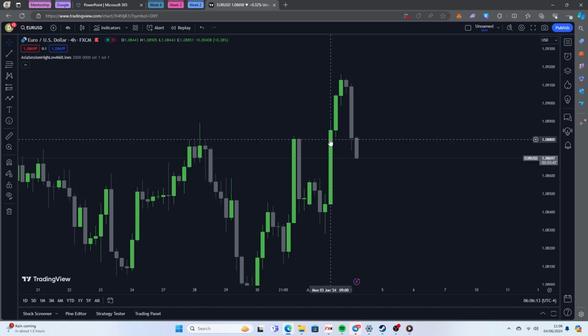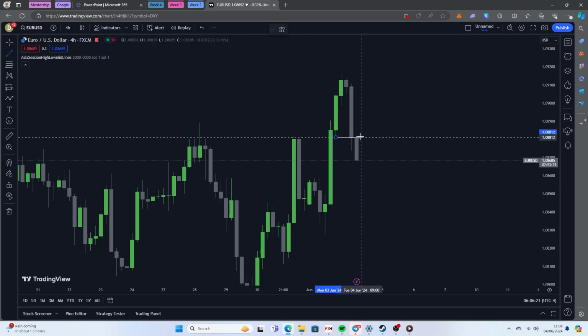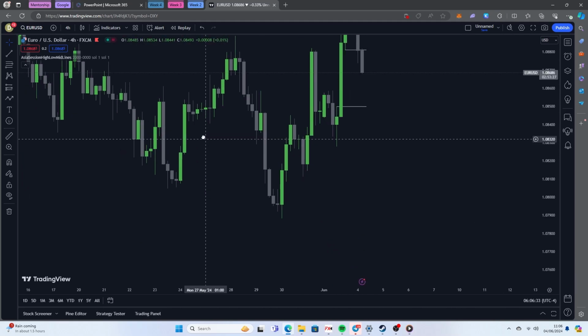Is this a fair value gap? Yes, it is. Now, we literally draw from here and we draw from here. We look to the left and we look to the right of it. Everything within this candle is an imbalance.